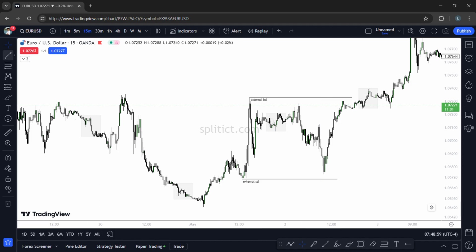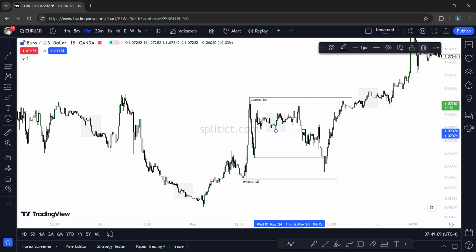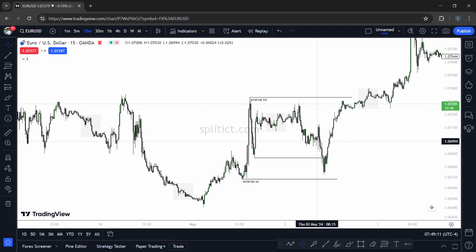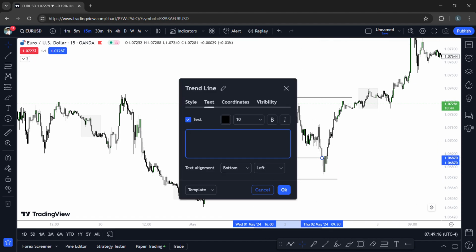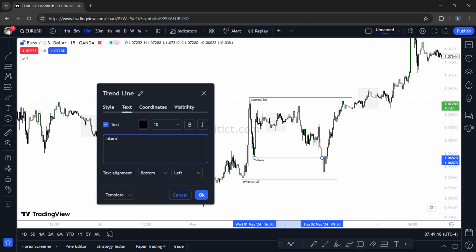Okay. And this one is the internal sell side. You can actually take the Asian low also as internal sell side, but me personally, I would just wait for this because it's in the session timings. I wouldn't consider Asia as a particular session, but yeah, this is a good internal. Okay. This is internal sell side.